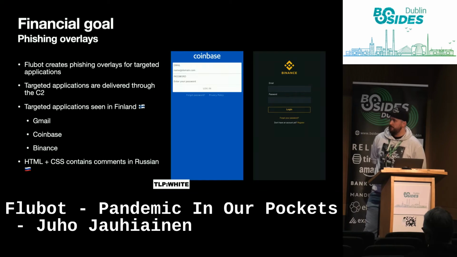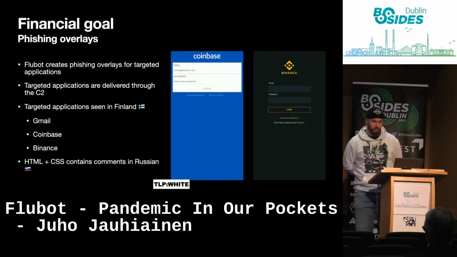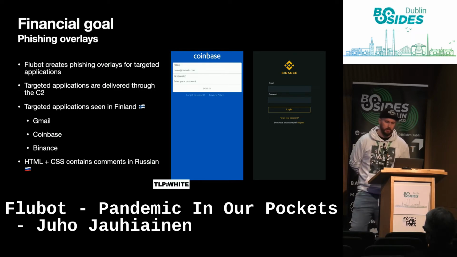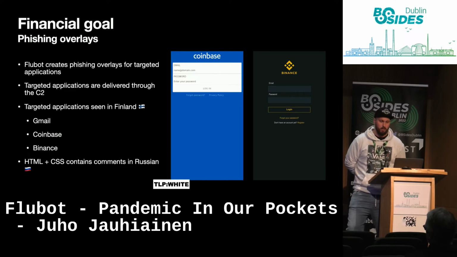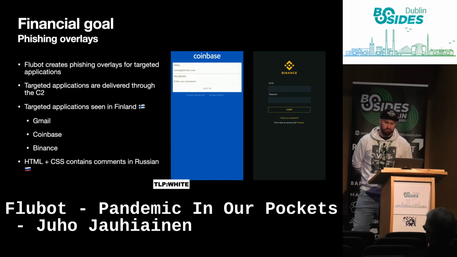Their goal is financial, or at least it looks like it's financial. So they are creating these phishing overlays, and at the moment in Finland they targeted Coinbase and Binance cryptocurrency wallets, and also Gmail. And I think in the UK, for example, they were targeting bank applications. So it looks like a financially motivated group, and they are delivering those phishing overlays as HTML.